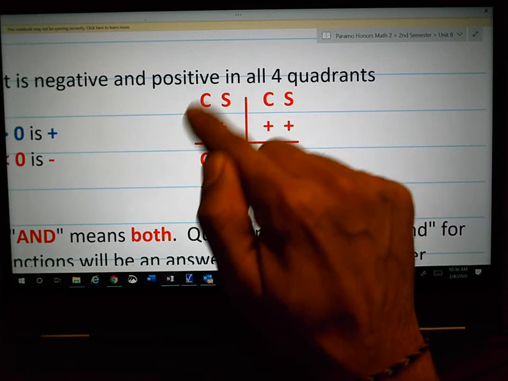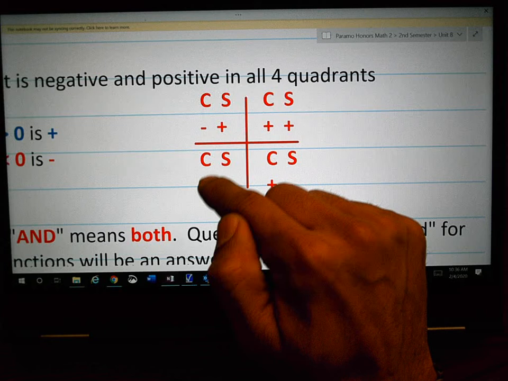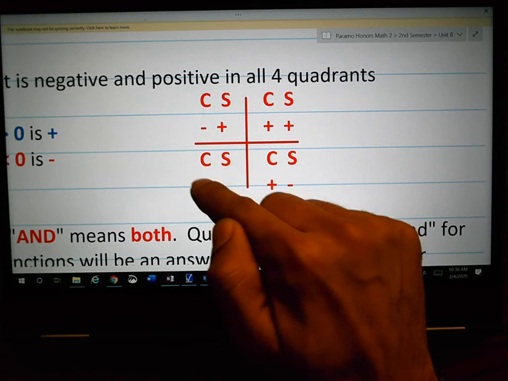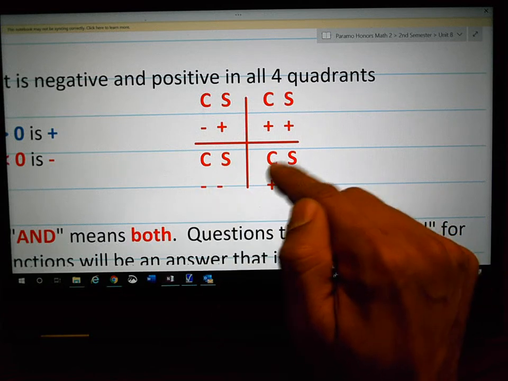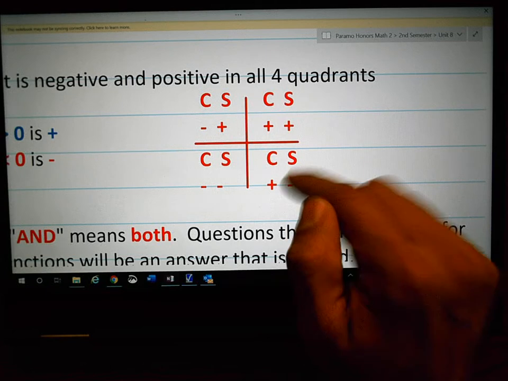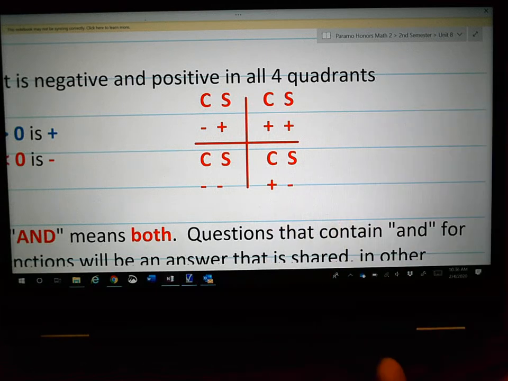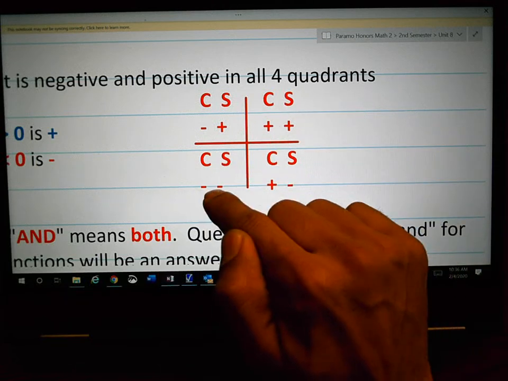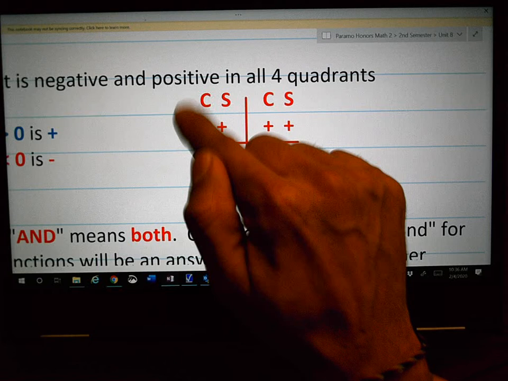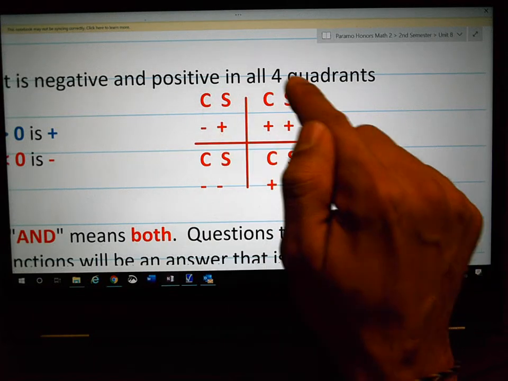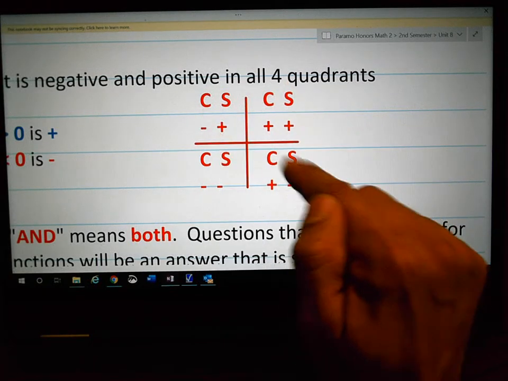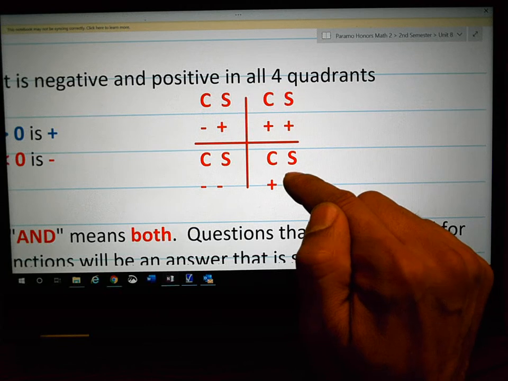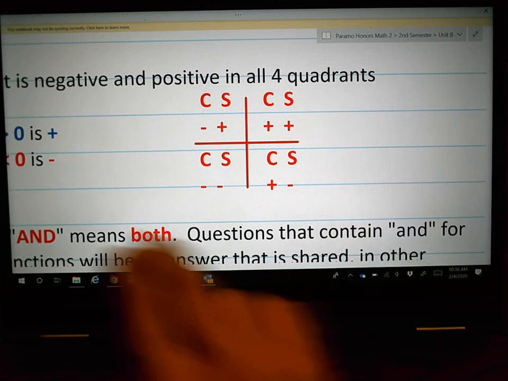The sine is positive in quadrant 2. The tangent is positive, and the cosine is positive in quadrant 4. And remember, the cousins also go with that. So tangent, cotangent are positive. Sine and cosecant are positive. All of them are positive here. And then cosine and secant is positive in quadrant 4 as well.